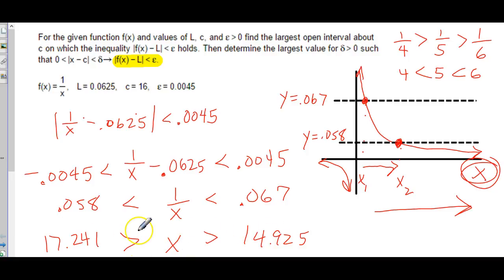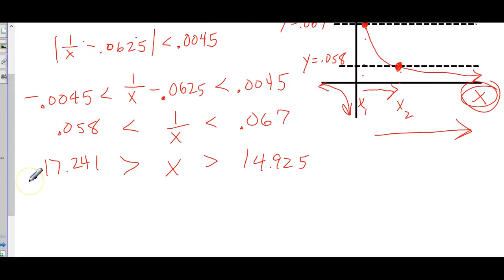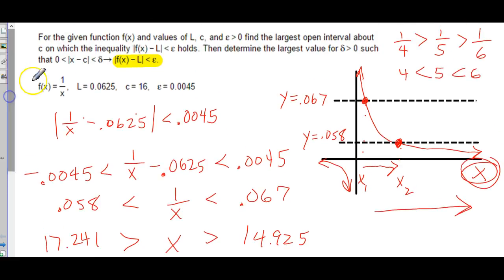Now I'm going to rewrite it so it's a little easier on the eyes: 14.925 is less than x is less than 17.241. And I'm doing that because this other inequality requires it.